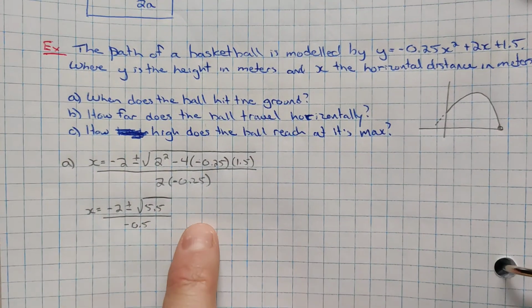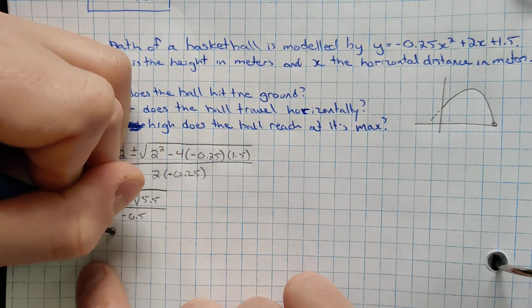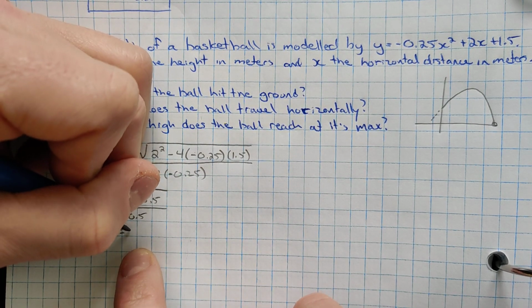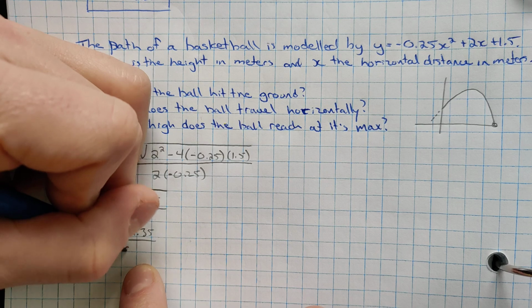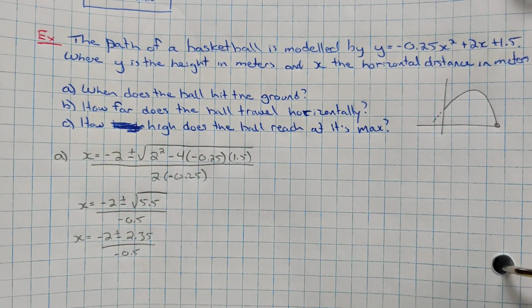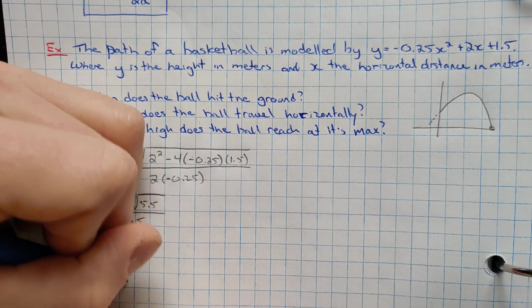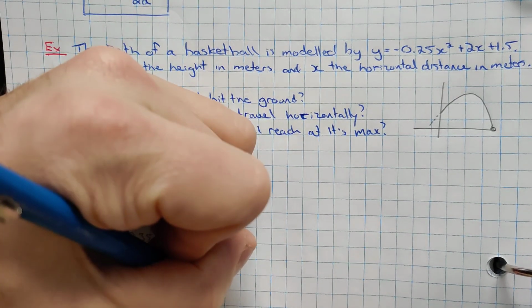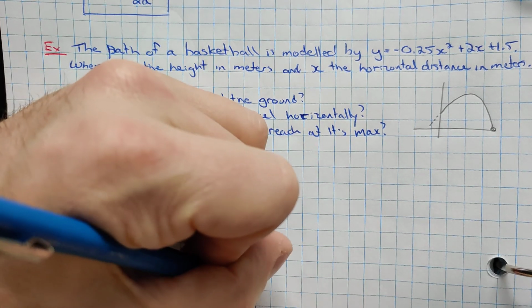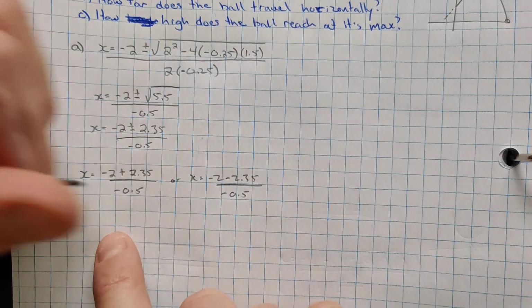So now we can take the square root of 5.5 and we have x equals negative 2 plus or minus approximately 2.35 over negative 0.5. Now let's break this up to find our two zeros. x equals negative 2 plus 2.35 over negative 0.5, or x equals negative 2 minus 2.35 over negative 0.5. So we'll solve both of these.